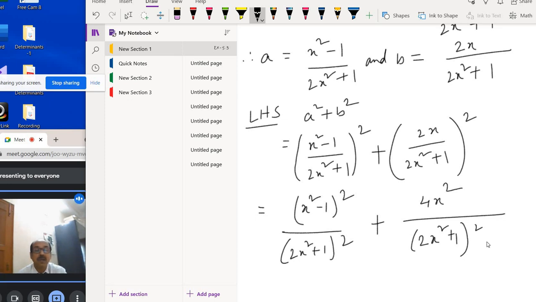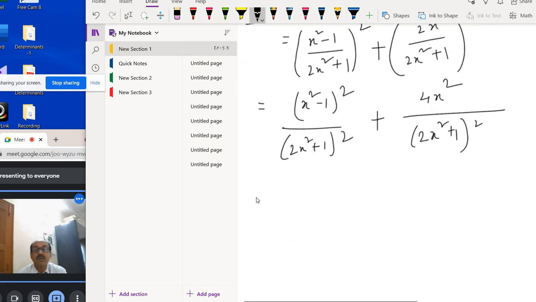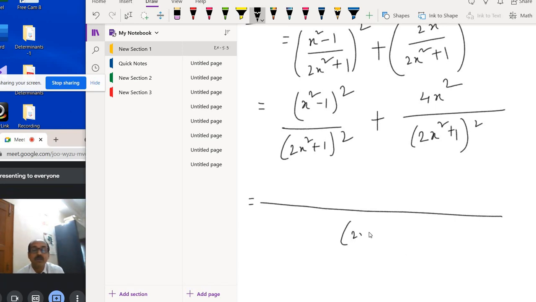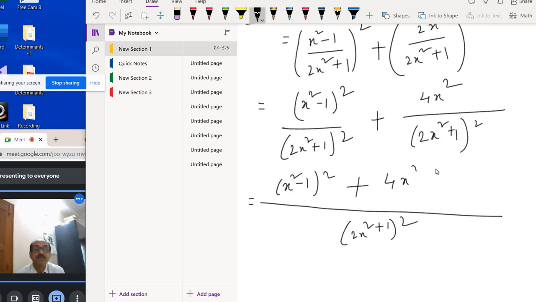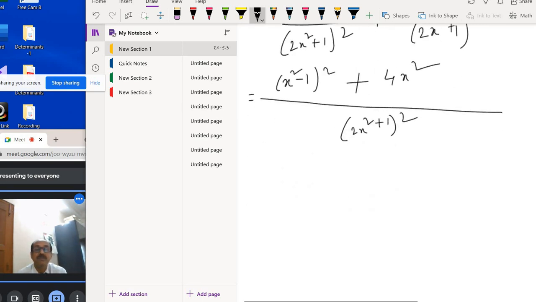Okay, now do the LCM. So LCM is x to the power 4 minus 2x square plus 1 plus 4x square. So x square minus 1 whole square plus 4x square. Okay. Now use the a minus b whole square formula.